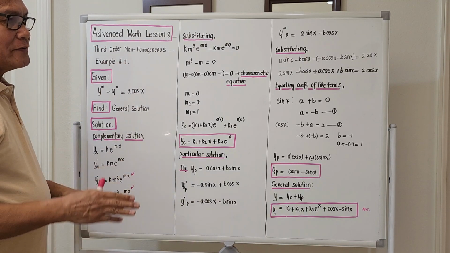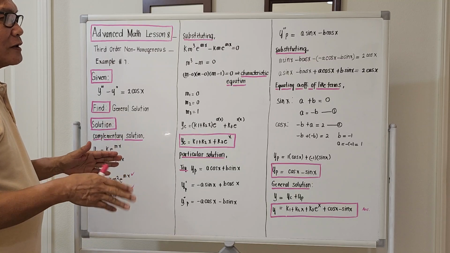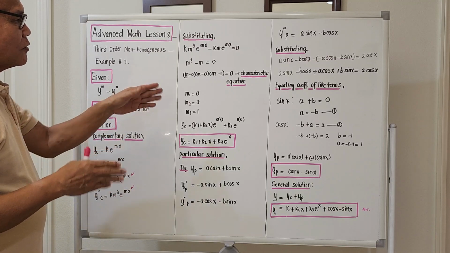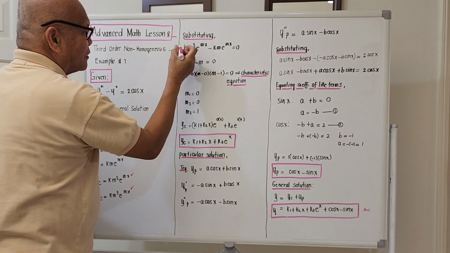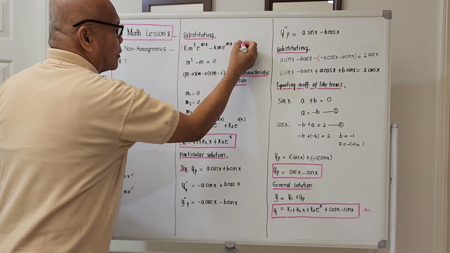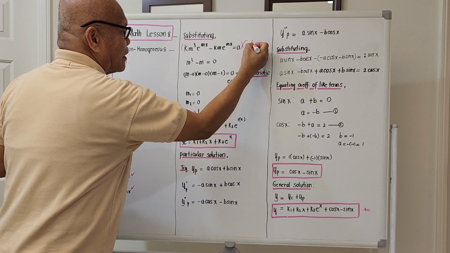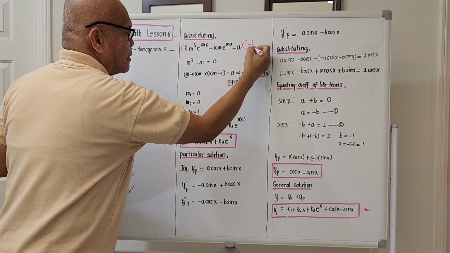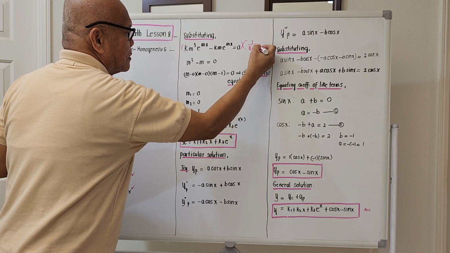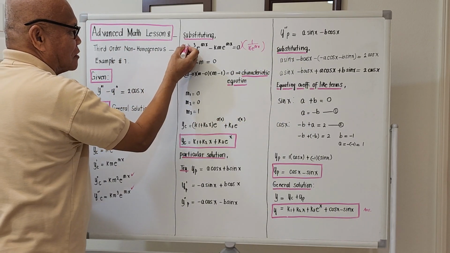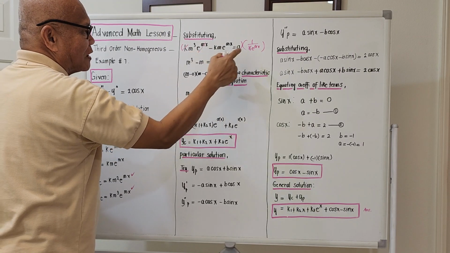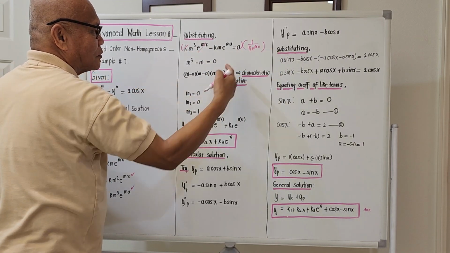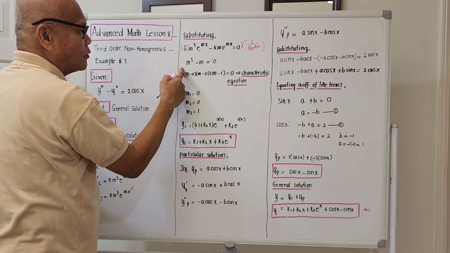The purpose of the problem now is to compute for m. To compute for m, we must eliminate the common terms here, or we'll just multiply all the terms by 1 over k e to the mx. This cancels, and because we have km e to the mx in the denominator, what comes out will be m cube.